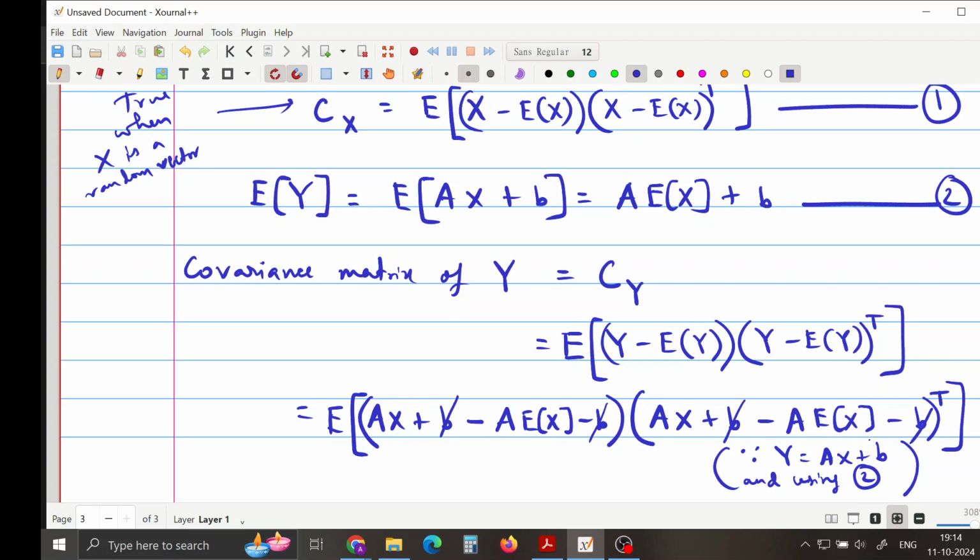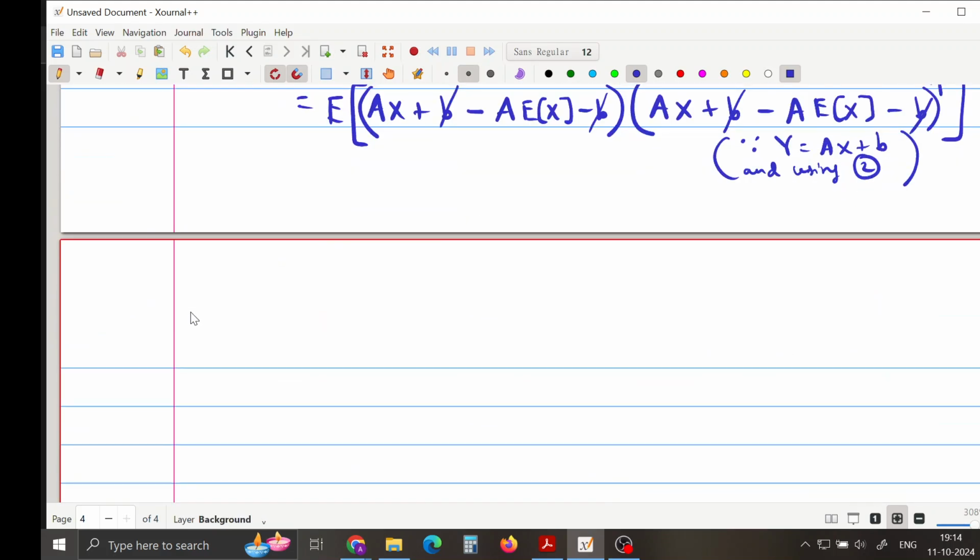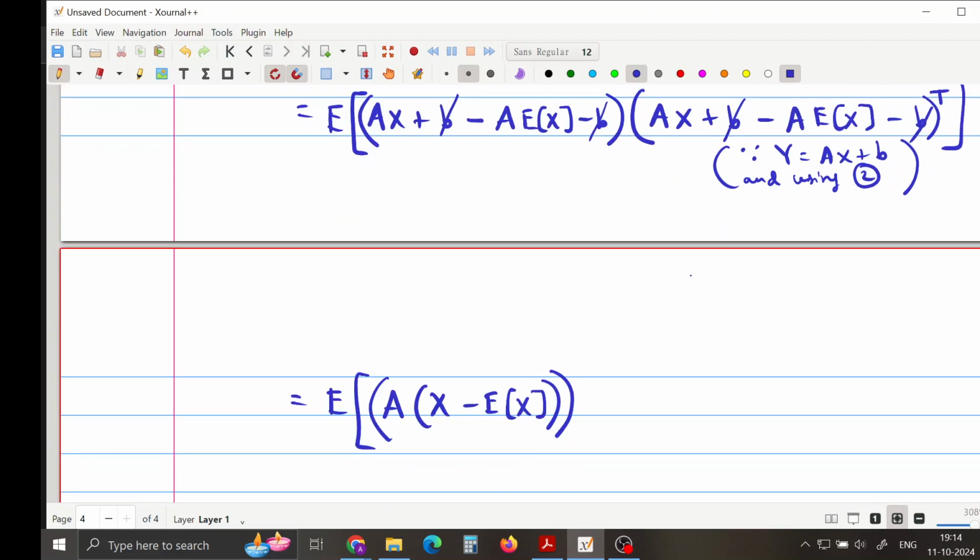Again, this b and b get cancelled. Now let me go to the next page. So this is the expectation of, from the first term we can take A as common. So this is A times x minus expectation of x. Similarly, we can take A common in the second term, but we also have a transpose sitting outside. So this is A times x minus expectation of x, this whole transpose.